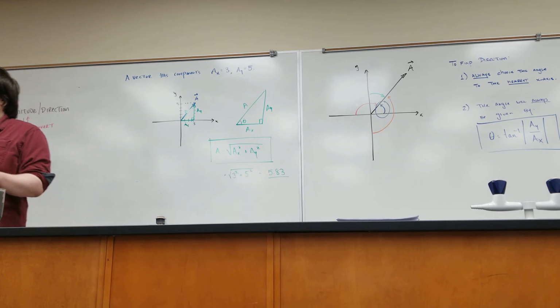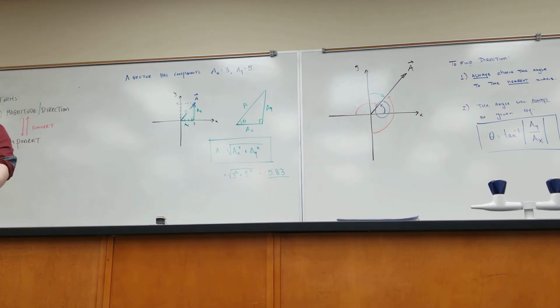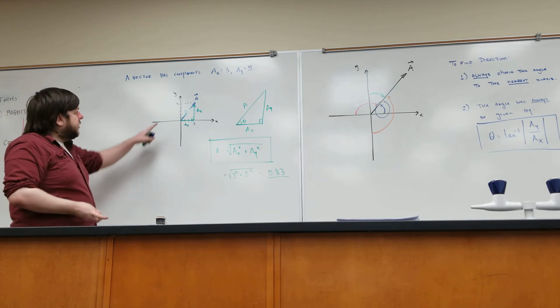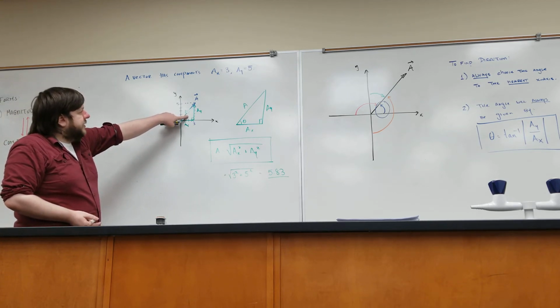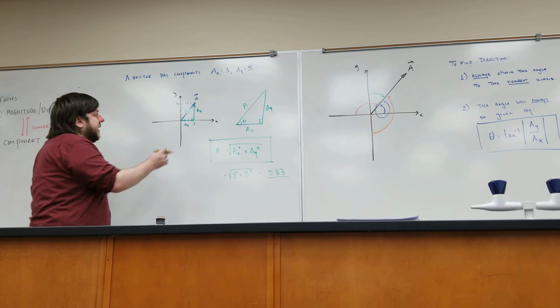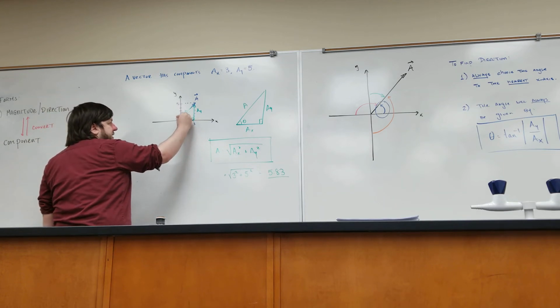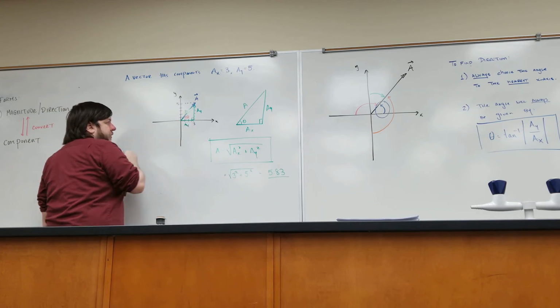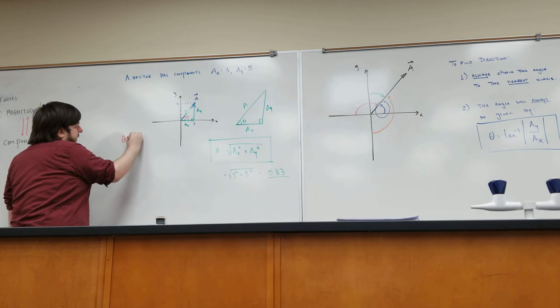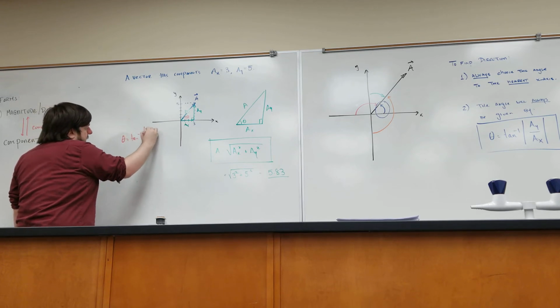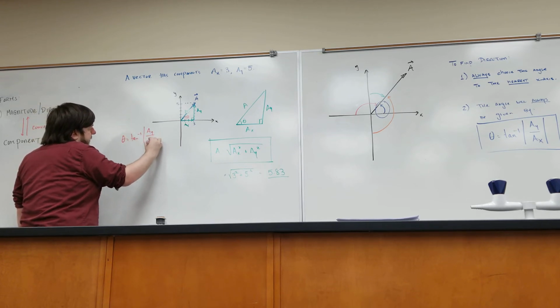Okay? So right here, for my vector, if I choose theta to the nearest x-axis, which is the positive x-axis, that's my angle theta. Theta is going to be given by the inverse tangent of the absolute value of y over x.